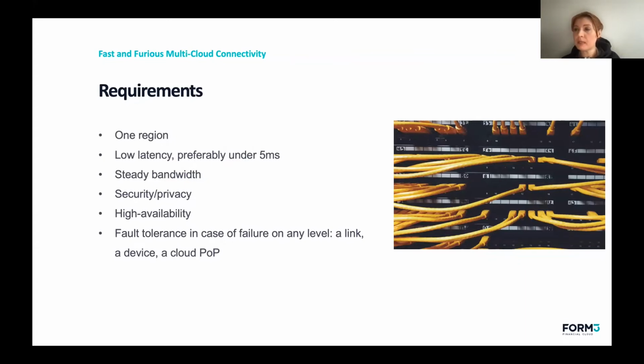We need steady bandwidth. We need the connection to be secure or private, preferably. Obviously, we need high availability and fault tolerance in case of failure on any level, be it a link, device, or a cloud point of presence.